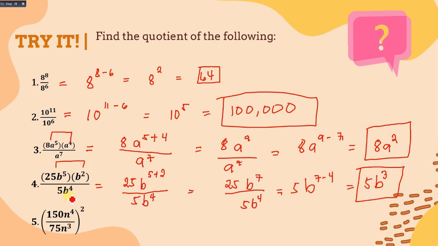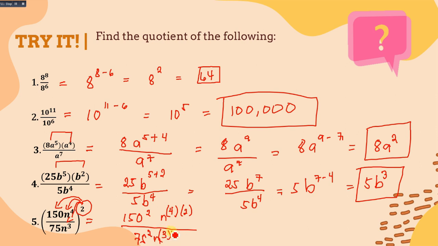And for the fifth example, we can apply the quotient to a power rule, wherein we distribute the square to all of the terms inside the parentheses. Okay, so we have 150 squared, and then 4 times 2, all over 75 squared, and then n, 3 times 2.